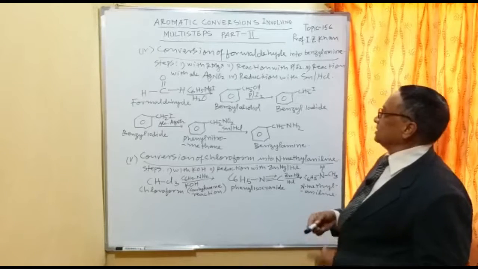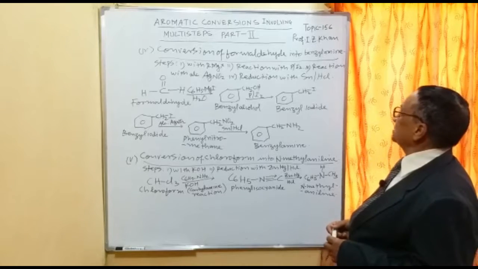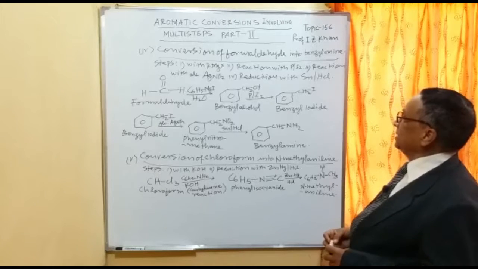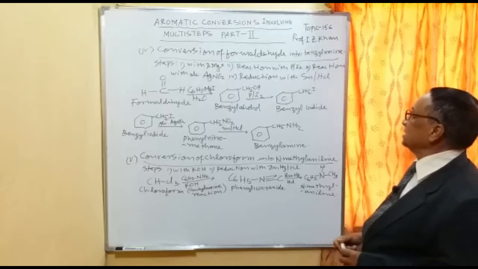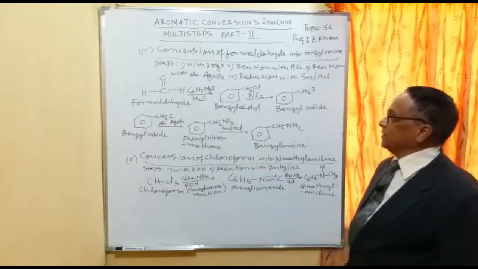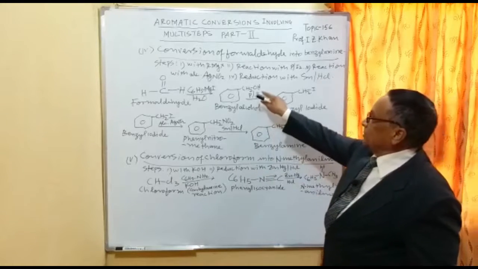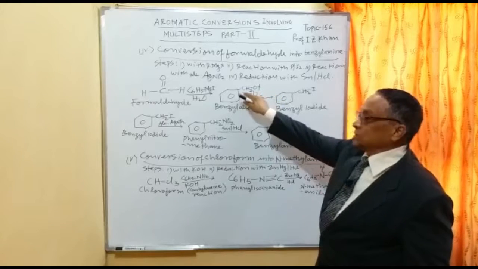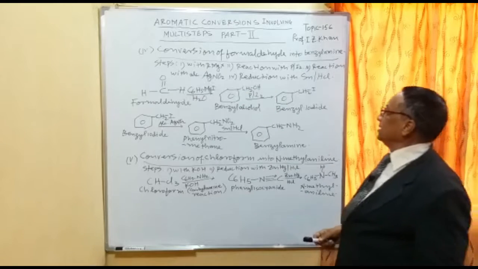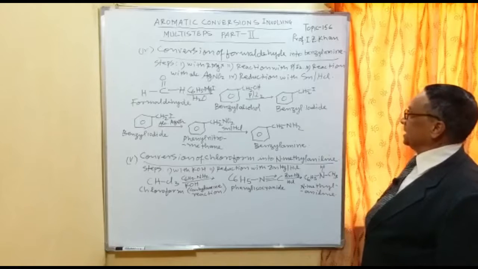Then the second one is reaction with iodine in the presence of phosphorus, the third one is reaction with alcoholic AgNO2, and the fourth one is reduction with Sn/HCl. So this formaldehyde, when it is treated with Grignard reagent, will be converted into benzyl alcohol, because the hydroxy group is attached to a side chain carbon. That's why it is an alcohol. And then it is treated with iodine. It is converted into the iodo derivative, known as benzyl iodide.